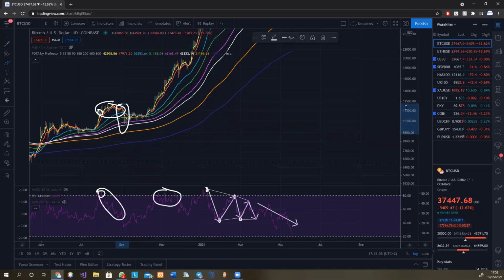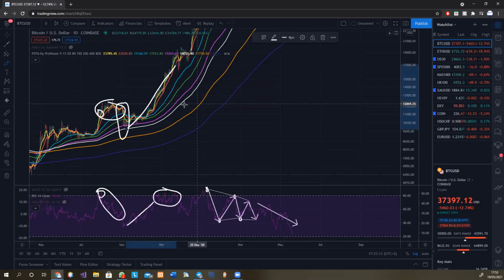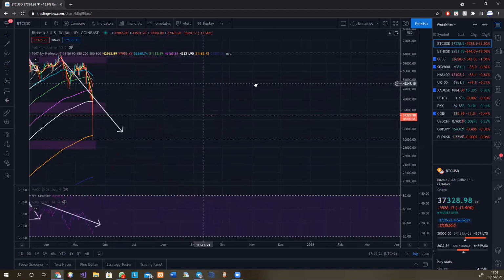Also, what we're experiencing now, we had the same stuff in August 2020. The market dropped, giving the RSI a good drop to around 34 before the market found its way back up, right? So this is almost the exact movement I'm anticipating.